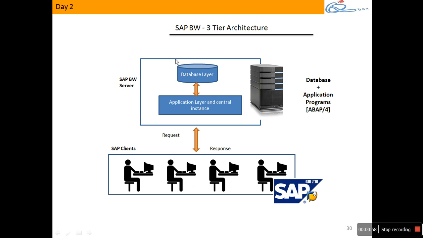In the database layer, I would have my database. I told you we can install BW on any database you want. In the application layer, you have all the programs written in ABAP, built by SAP and given to you as packaged software. If I install the same programs on my local system, that becomes a server.